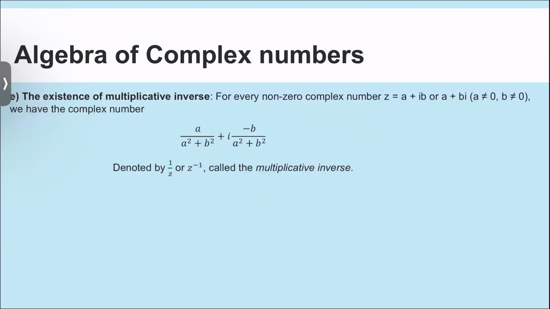Okay. So now we come to another property, which talks about the existence of the multiplicative inverse.